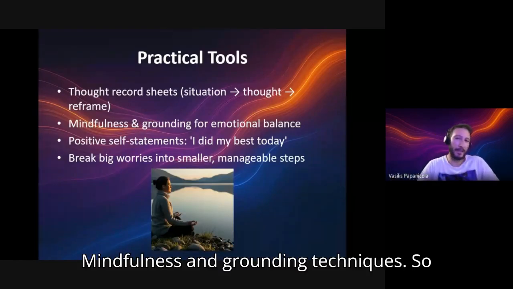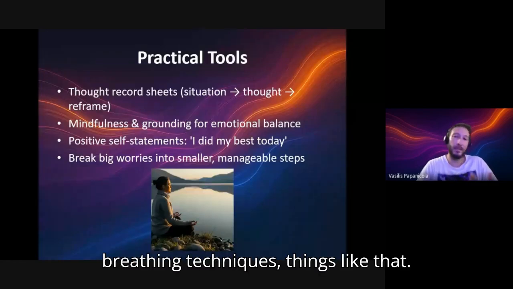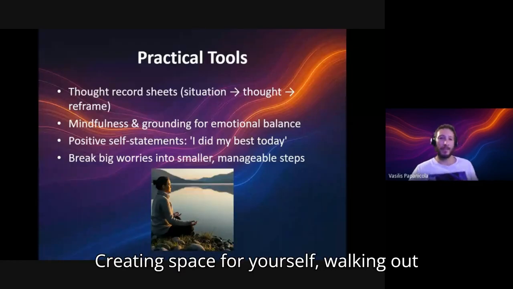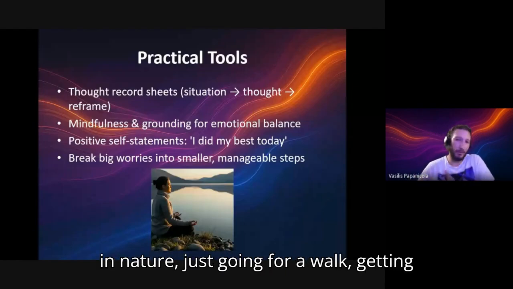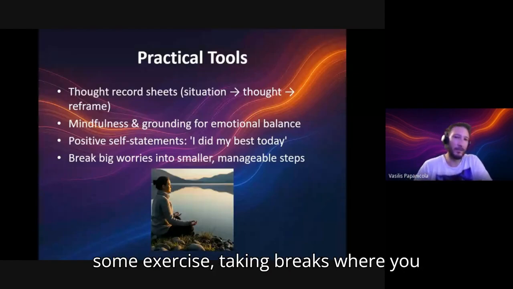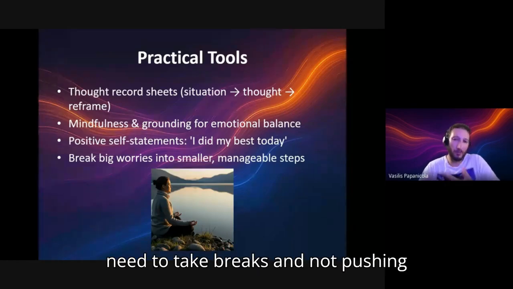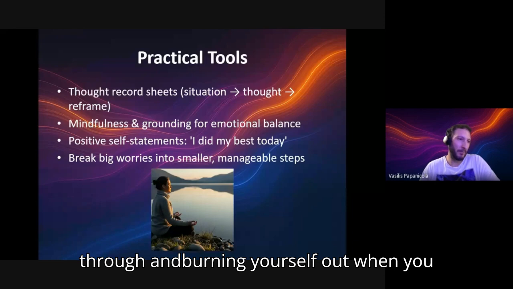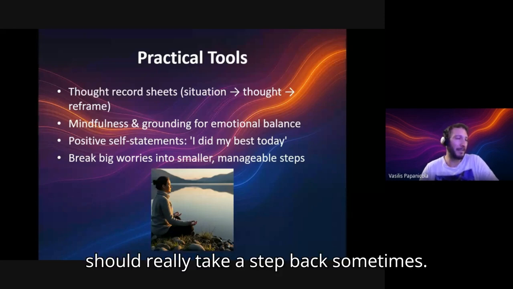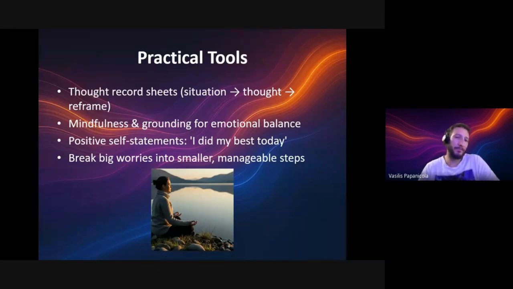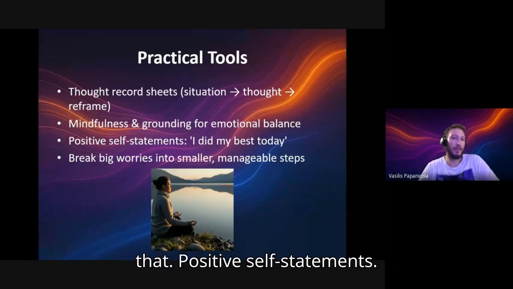Mindfulness and grounding techniques, so breathing techniques, things like that. Creating space for yourself, walking out in nature, just going for a walk, getting some exercise, taking breaks where you need to take breaks and not pushing through and burning yourself out when you should really take a step back sometimes. Building in journaling, things like that.